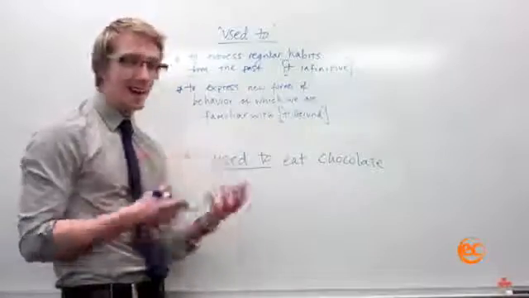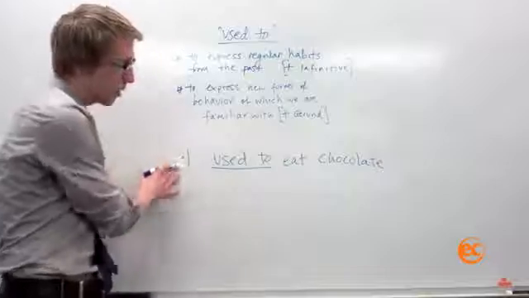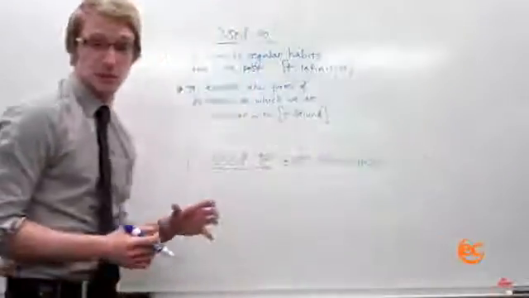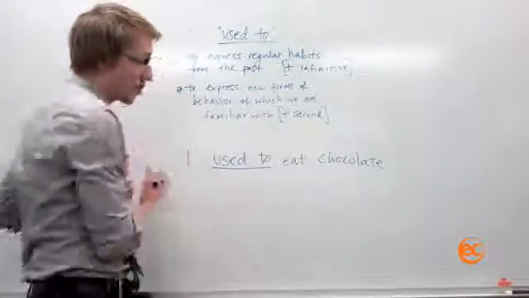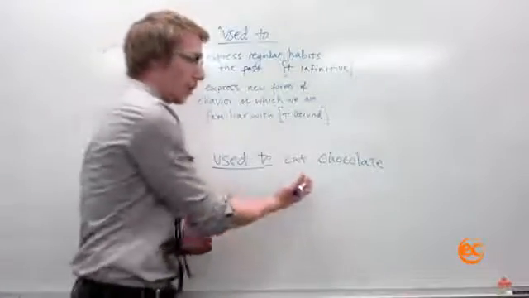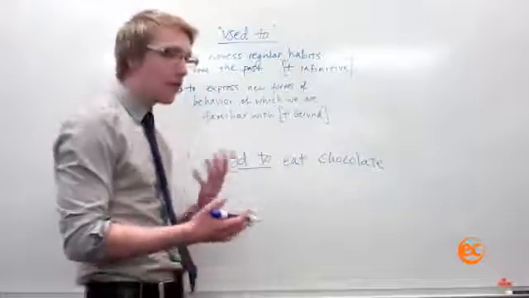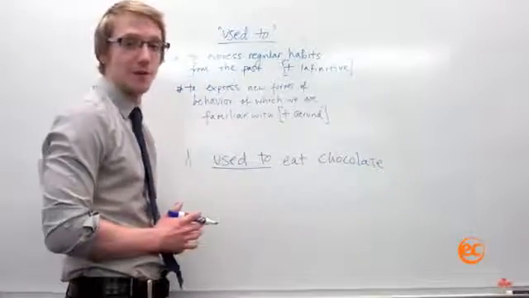And we can add information about our past either before or at the end of the sentence. I can say, as a child, I used to eat chocolate. I used to eat chocolate as a child. Okay? So both of these formations are fine.